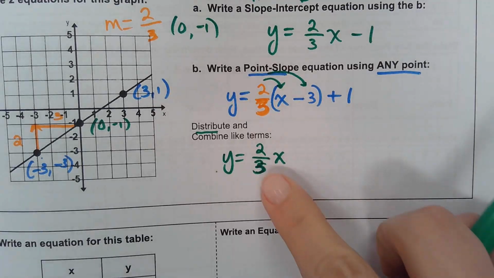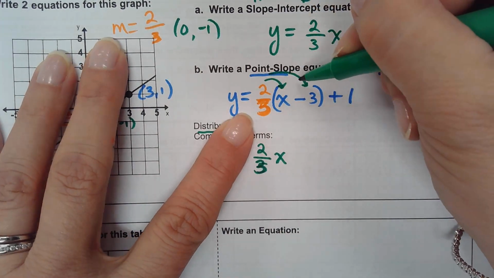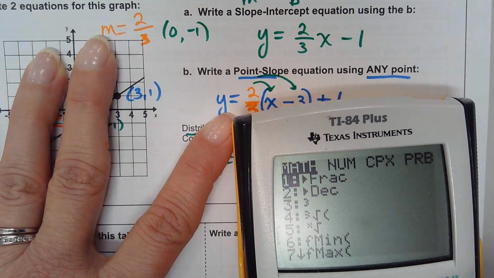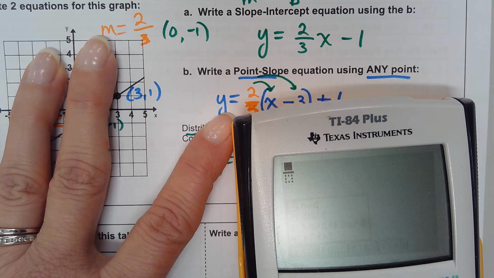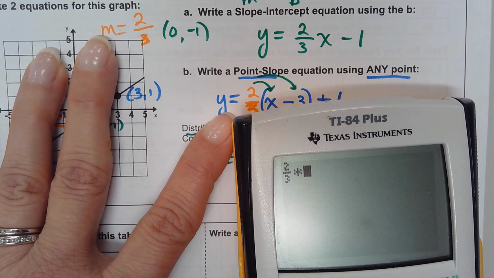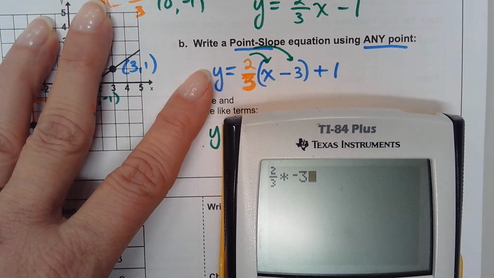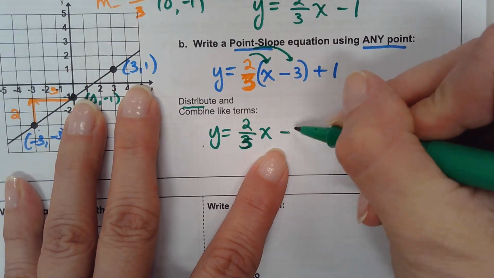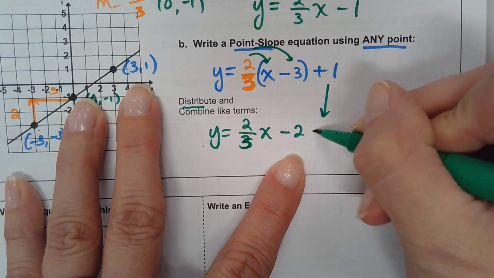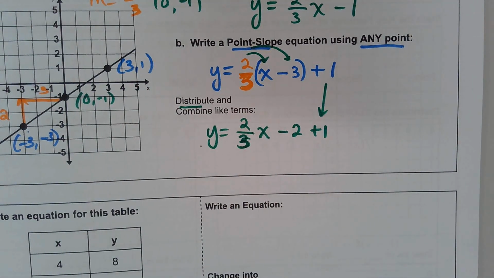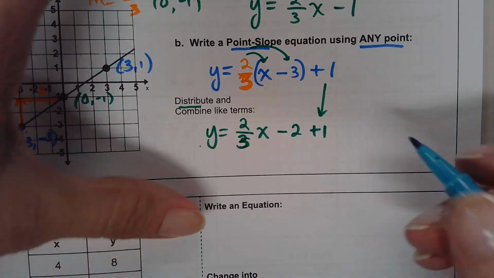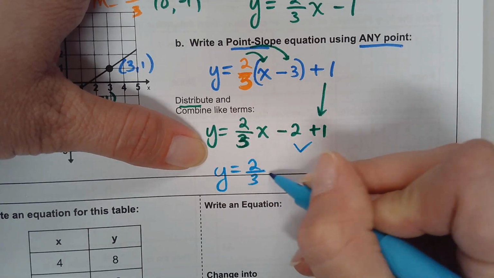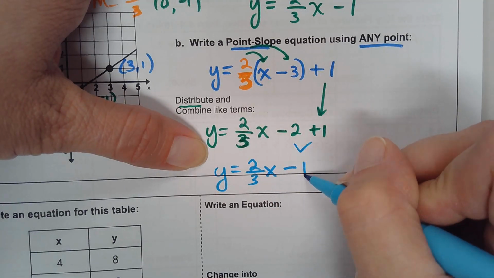What does 2/3 times -3 make? That makes -2, minus 2. And don't forget to bring down the 1. Are we done? No, we still have to combine like terms. We have 2/3 x minus 1.